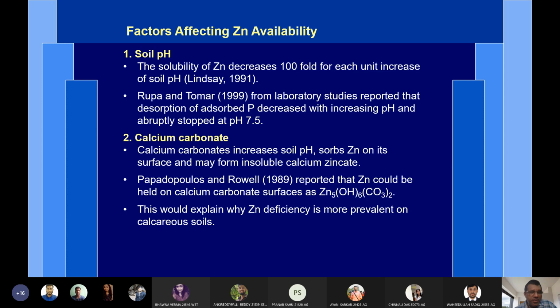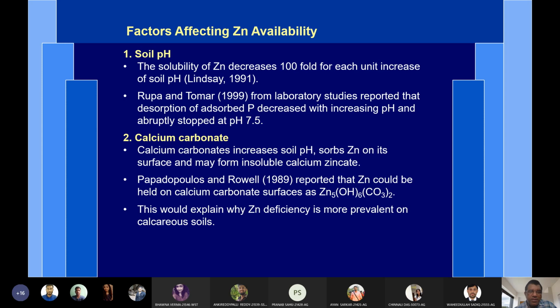Rupa and Tomar from Indian Institute of Soil Science, Bhopal, reported from laboratory studies that the desorption of adsorbed P decreased with increasing pH and abruptly stopped at pH 7.5. So these alkaline soils are not good for zinc availability.